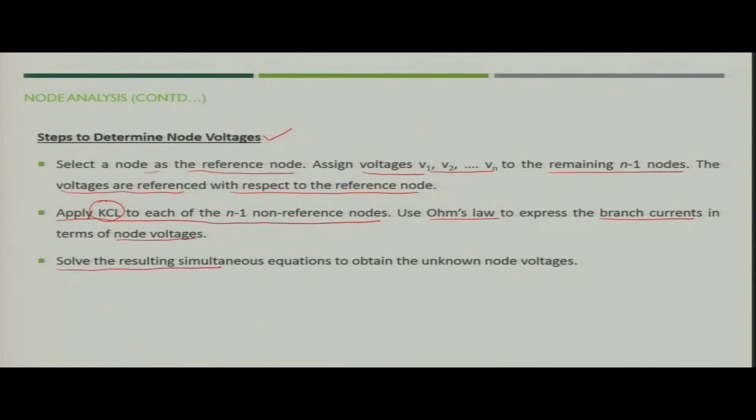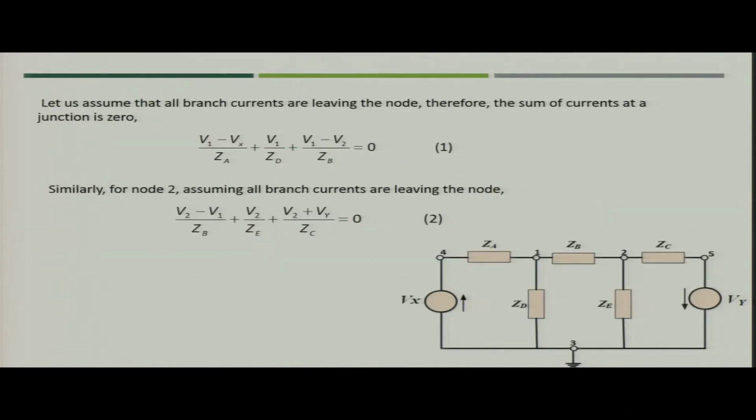Now, you have to solve the resulting simultaneous equations to obtain the unknown node voltages. So, these are the three major steps you will follow when you have to find the node voltages. Now, how will we carry out this operation?